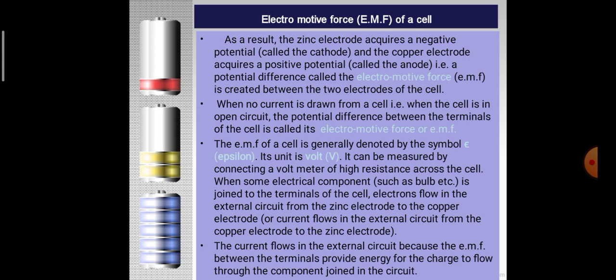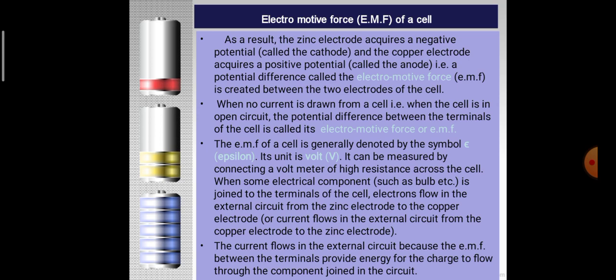As a result, the zinc electrode acquires a negative potential called the cathode, and the copper electrode acquires a positive potential called the anode. That is, a potential difference called the electromotive force, in short EMF, is created between the two electrodes of the cell.